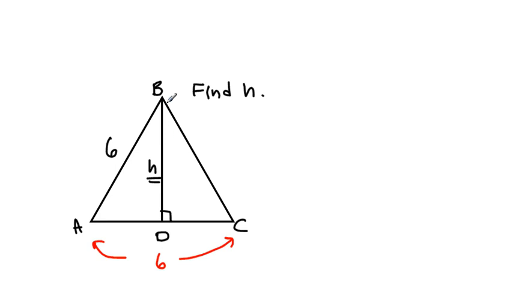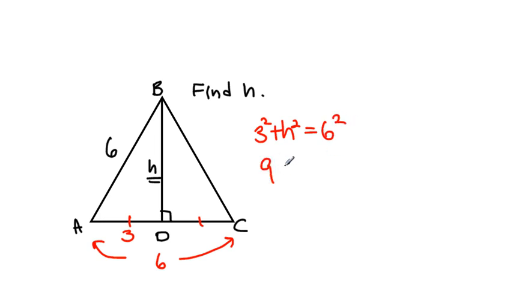But here, the altitude in an equilateral triangle also works as a median, meaning it divides the base into 2 equal parts, which makes each component 3. Now, knowing that, can we find the value of h? Yes, we can. So here we have 3 squared plus h squared must be equal to 6 squared.